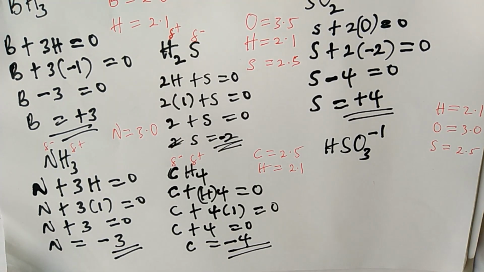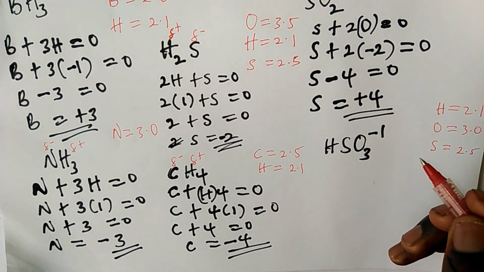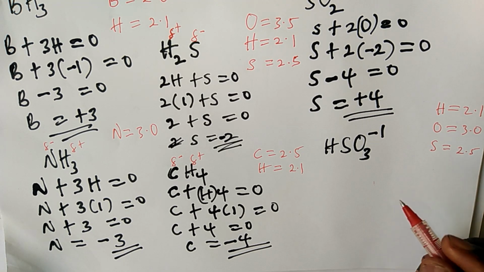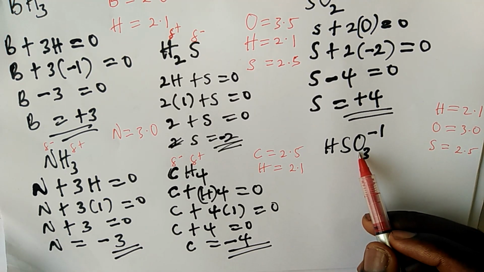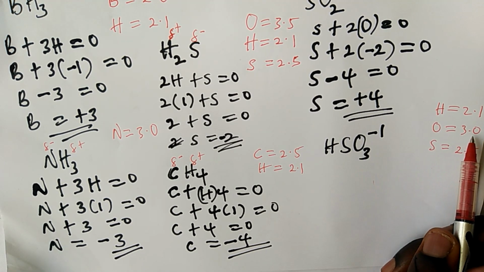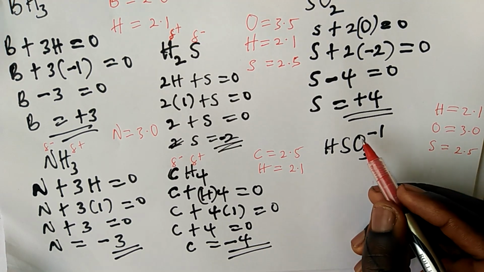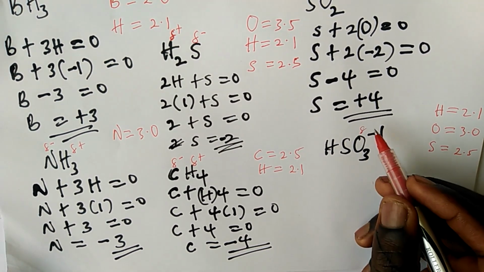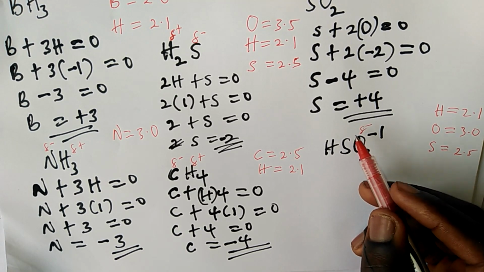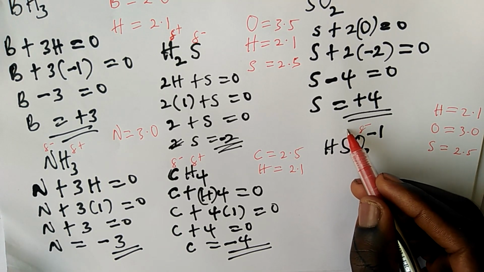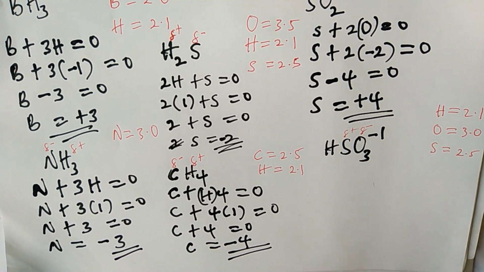Right? Therefore, we know that sulfur, since it's directly attached to oxygen, oxygen having an electronegativity value of 3.0, oxygen is partially negative, sulfur is partially positive, and so is hydrogen.